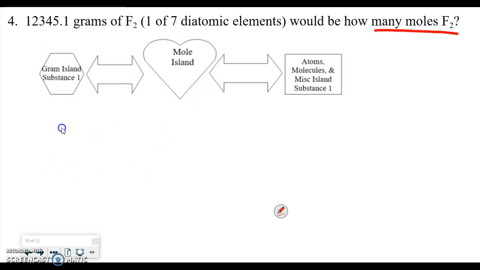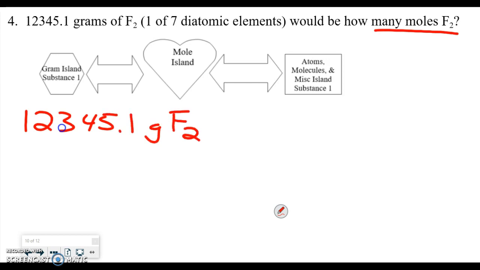The first step in any problem is to start with the number that you're given. Then we put G for grams, and it's very important that we break down the F2 as well. Always need the substance. The next step is a multiplication sign, division bar.